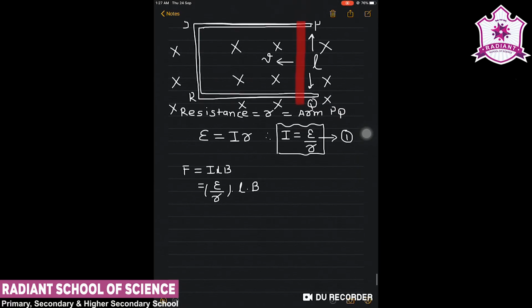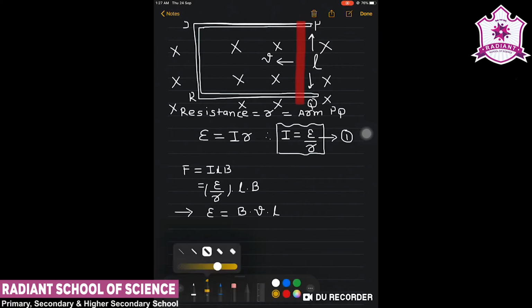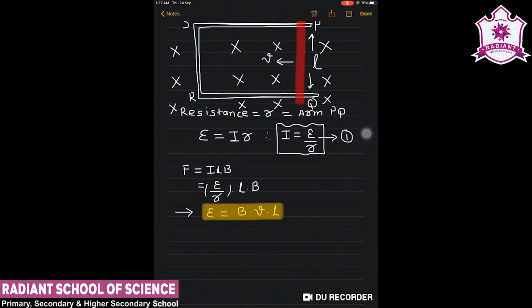We know that the equation for motional EMF is E is equal to BVL, and we can simply write E is equal to BVL.